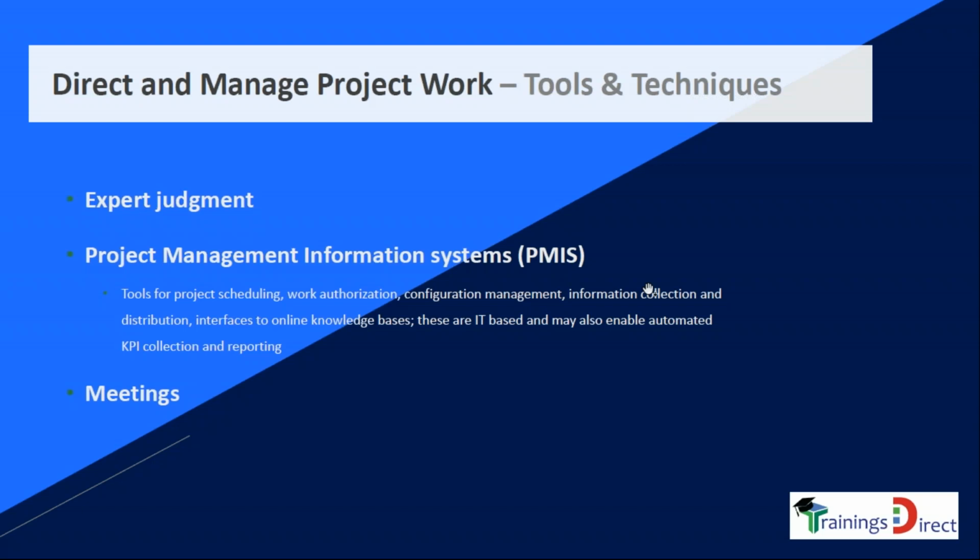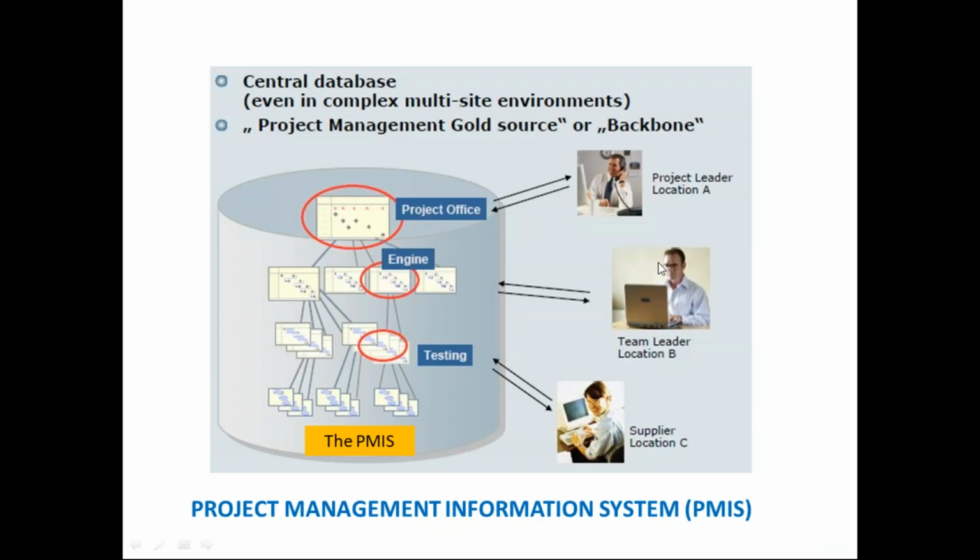See this example here. What if there are multiple project leaders, suppliers and customers? They have to rely on a single repository. It should also cater for version control and other things like change management. It should be possible to pull a form from here and submit a change request.